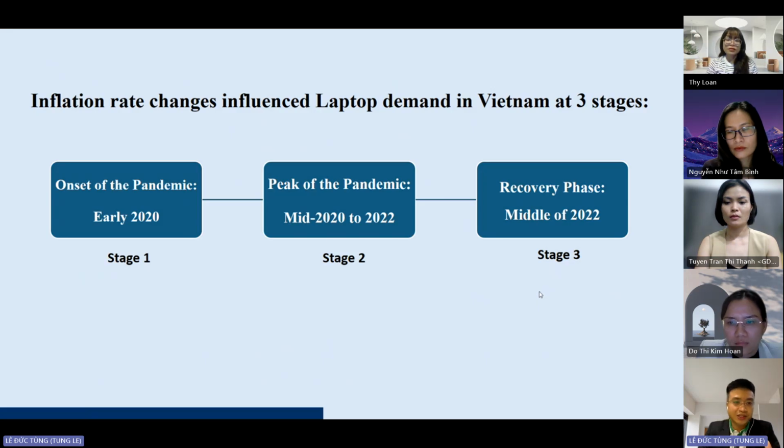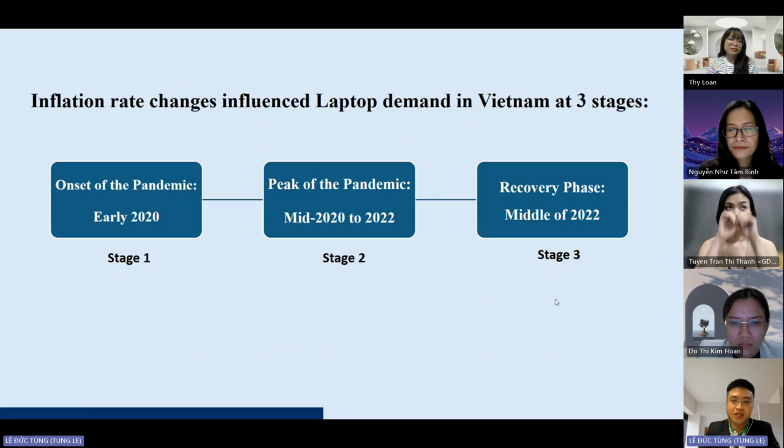At the second stage, the peak of the pandemic, as the pandemic continued, inflation in the laptop market became more pronounced. The global supply chain remained disrupted, but demand stayed high. Top laptop brands offered competitive pricing, yet saw the largest price increases as manufacturers faced continued cost hikes in raw materials and logistics.